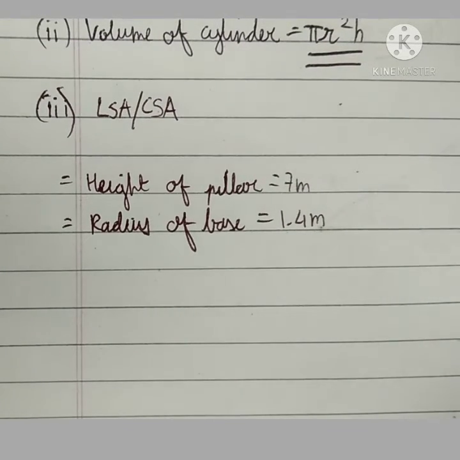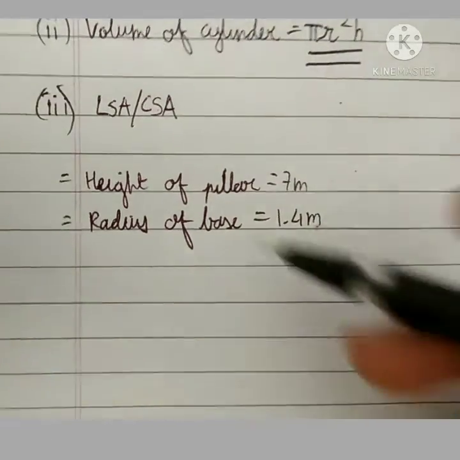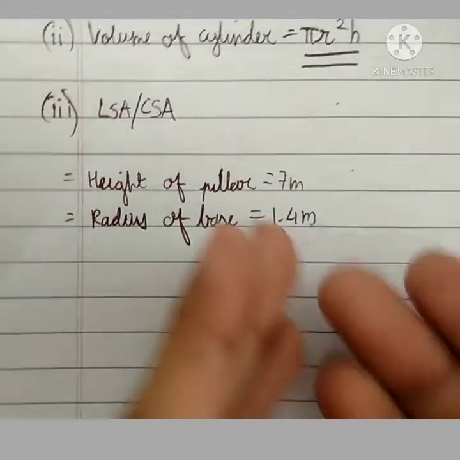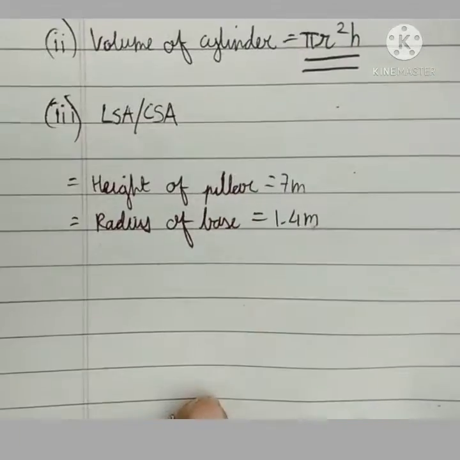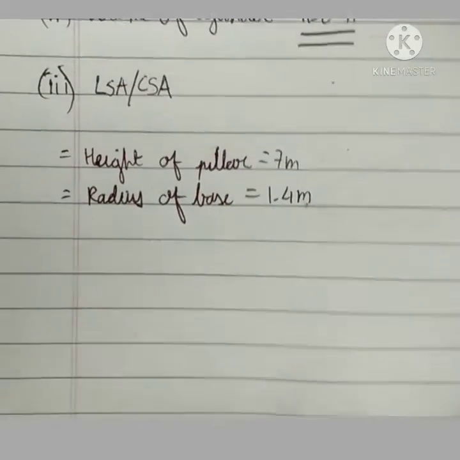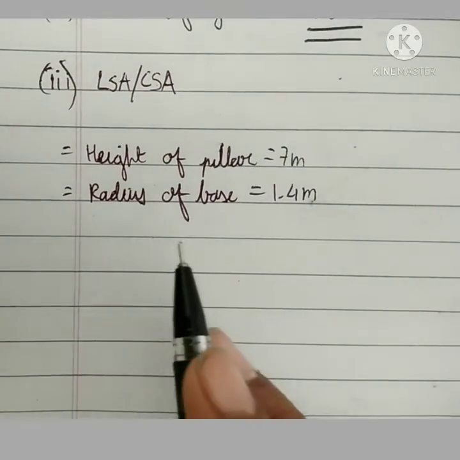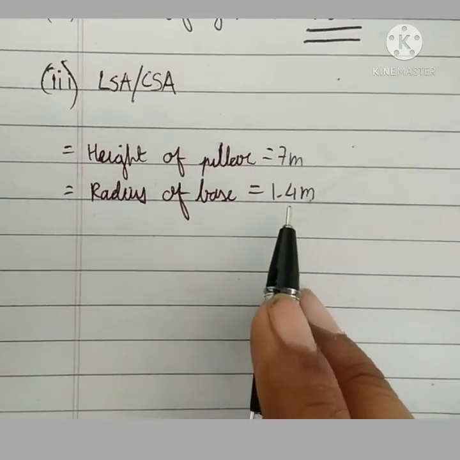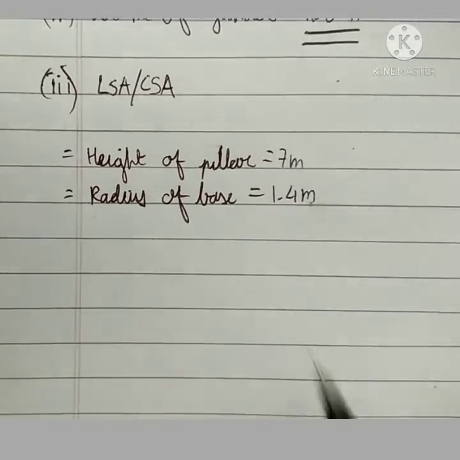Okay, so in this question it is pretty obvious that the pillar is in the shape of a cylinder, because if you see that, every 3D shape has a height, right? But it is given the radius of the base. Radius of the base means the base is round, and that's what we say radius.